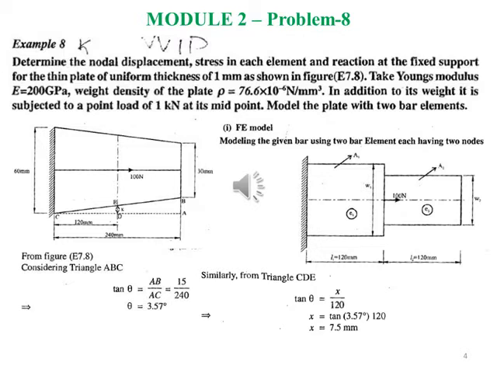Cross sectional area I can consider with the 60 mm and A2 with 30 mm. There is 100 newtons acting exactly at the node 2. So element 1 and element 2 have been written. Element 1 is 120 mm in length, element 2 is also 120 mm in length.